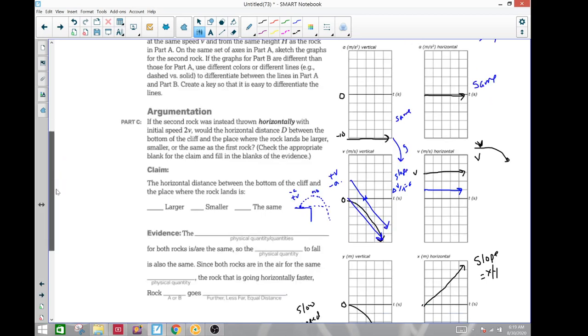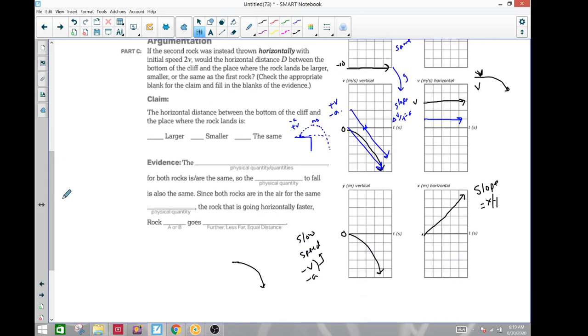All right, now position. Let's think about this, and draw a picture of it again. Position-wise, it goes up and it comes back down. Here's our cliff. Vertical is going to start at the same spot. It's going to go up, and its slope, once again, is velocity.